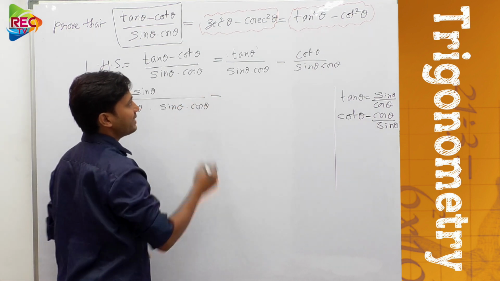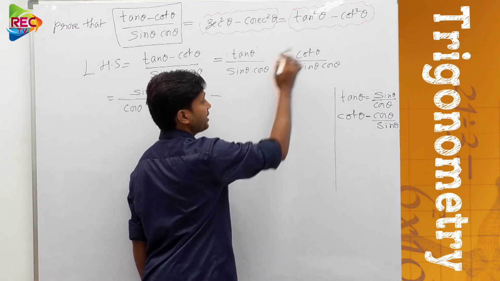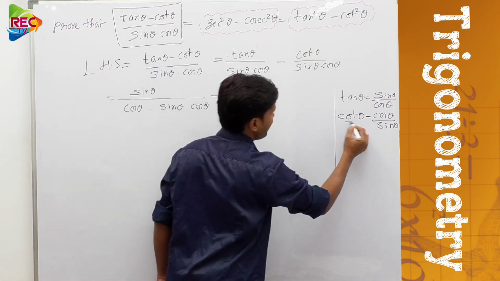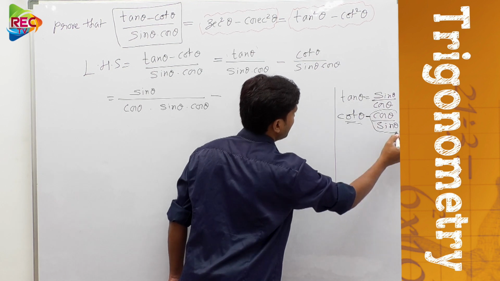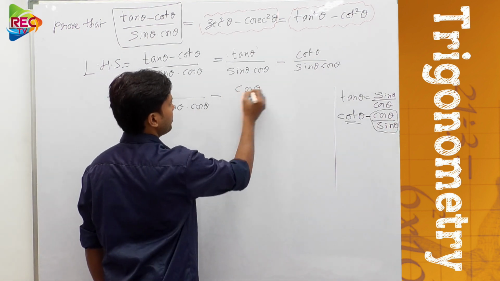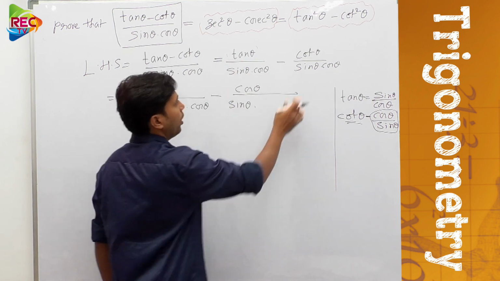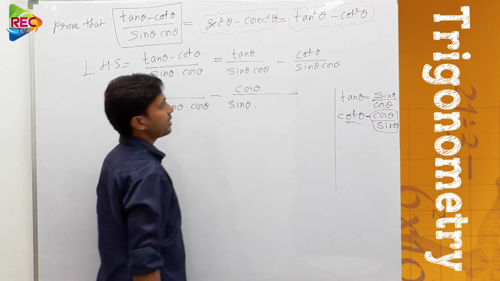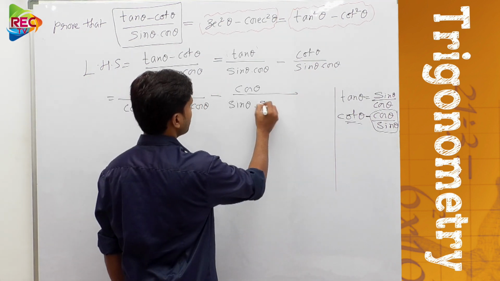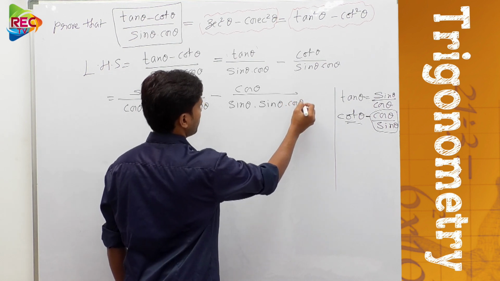Now what is your next fraction? Here cot theta. As I said, cot theta can be converted to cos theta by sin theta. So here cos theta by sin theta, and already sin theta cos theta exist over there, sin theta into cos theta.